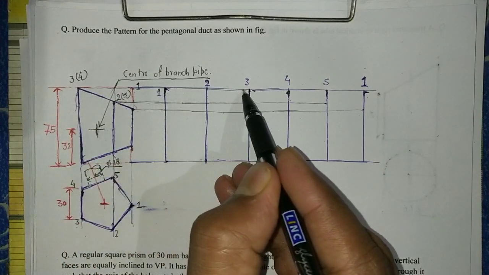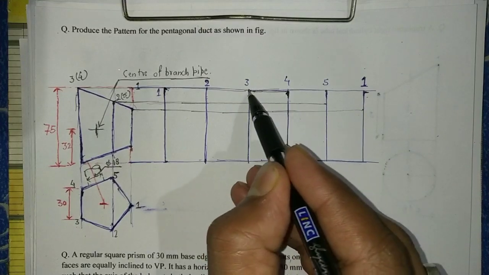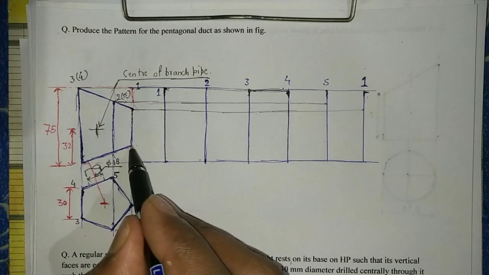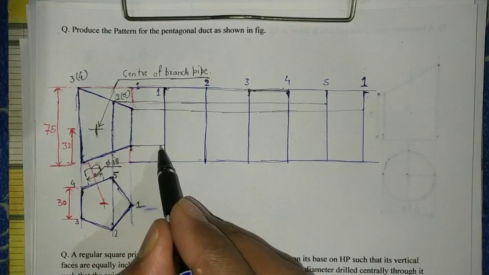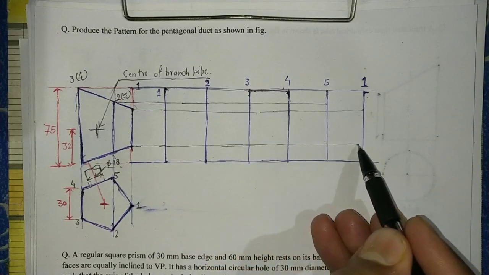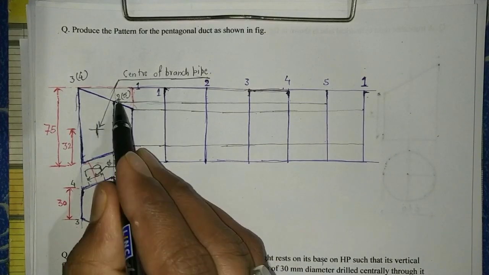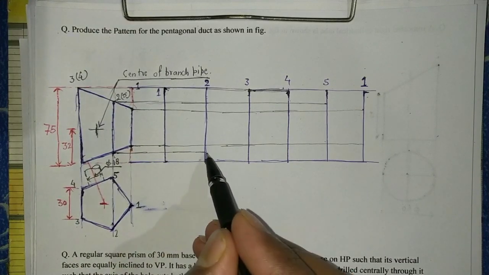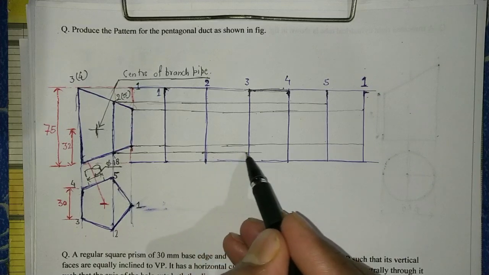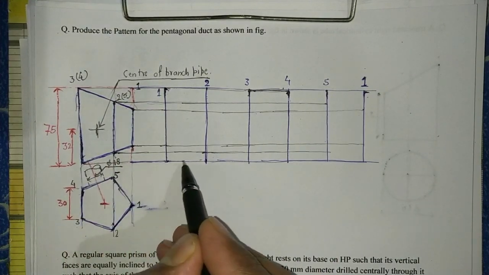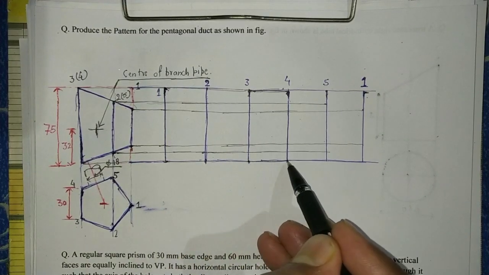Similarly the bottom is also truncated, so 1 and 1, then 2 and 5, 2 and 5, and 3 and 4. This one is 3 and this one is 4.